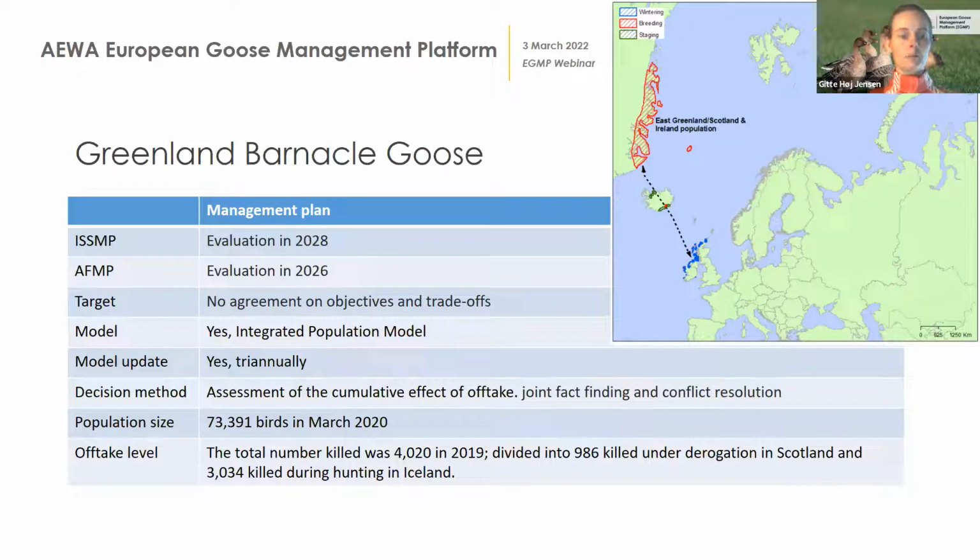But the most recent population size was 73,000 birds in March 2020. The population is only counted as a total count every 3 years. Then we have the offtake level, which were around 4,000, both from derogation and hunting.